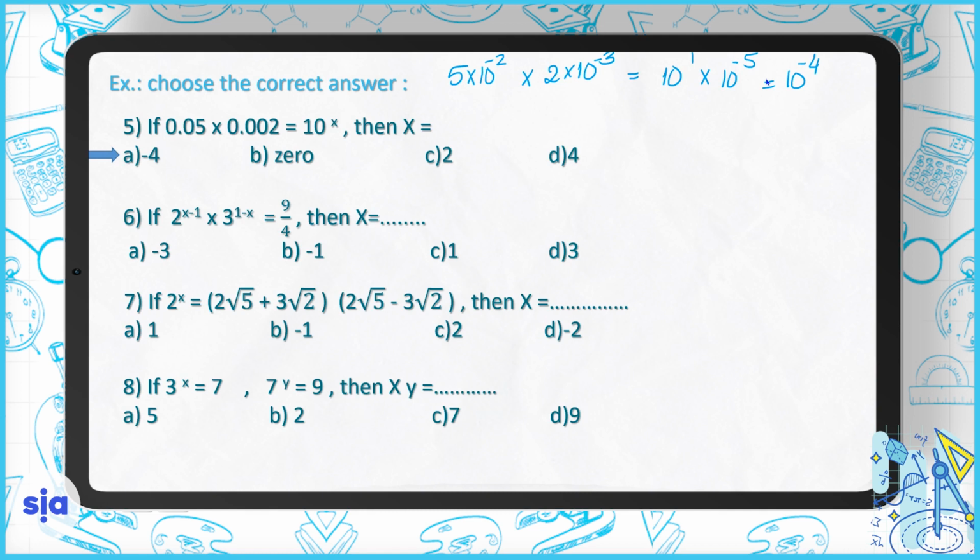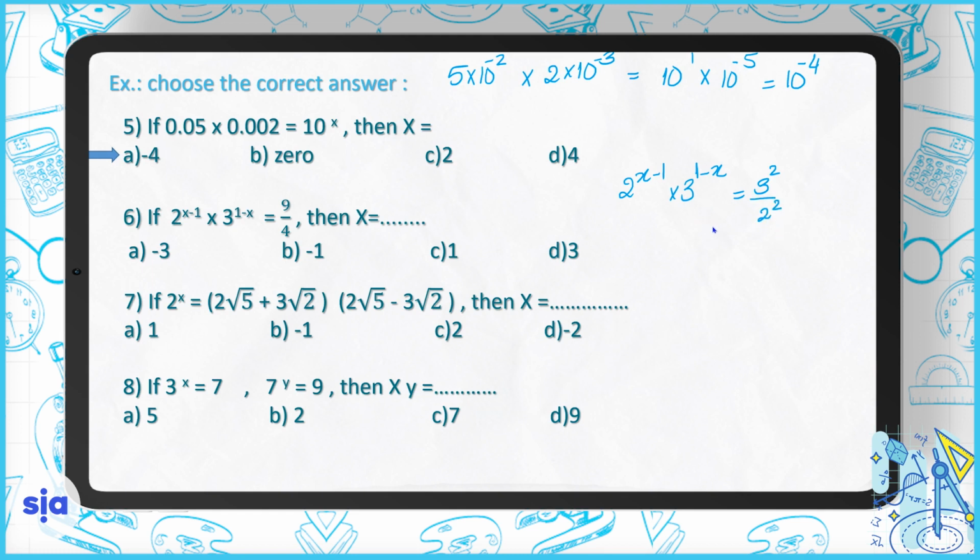Question 6. If 2 power x minus 1 multiplied by 3 power 1 minus x equals 9 over 4, what is the value of x? As you can see here, 2 power x minus 1 multiplied by 3 power 1 minus x equals 3 power 2 over 2 power 2.